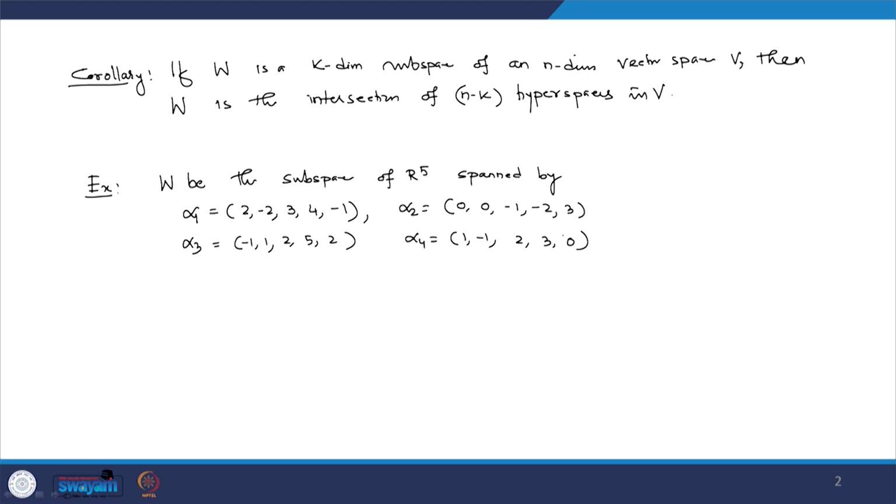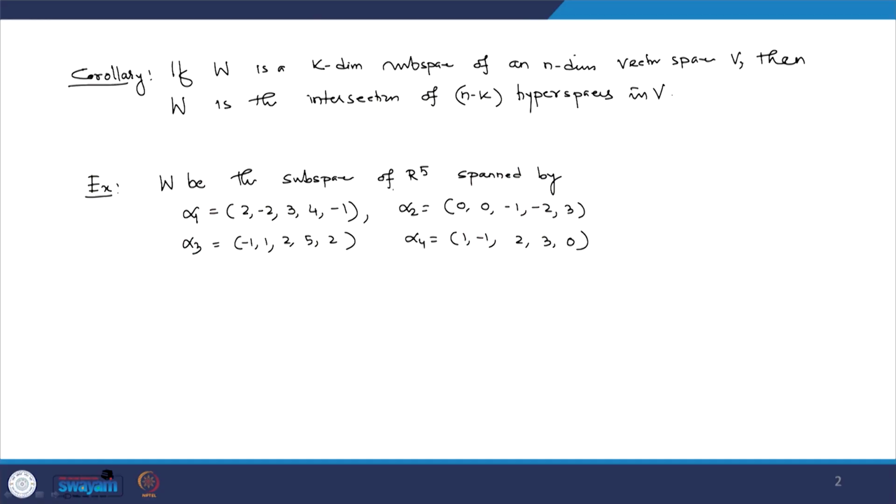If it is 3, then I have to prove that it is basically the intersection of 2 hyperspaces. This means that there exist 2 linear functionals on R5 which are linearly independent of each other, and these 2 linear functionals will annihilate this subspace W. That is the meaning of the above corollary also.